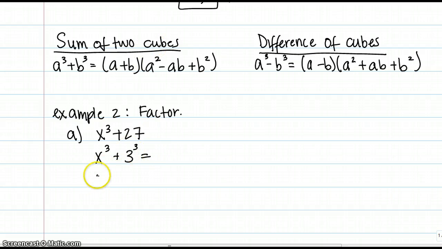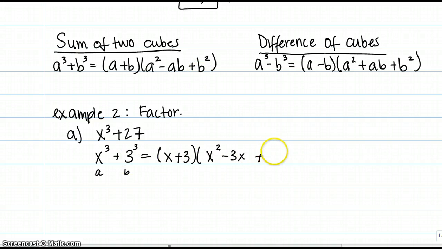So now I just need to plug in these values. So x is a and 3 is b. So I have a plus b, so x plus 3 times x squared minus ab is minus 3x plus b squared is plus 3 squared, which is 9. And that's it. So I'm just plugging in these values into the given formula.